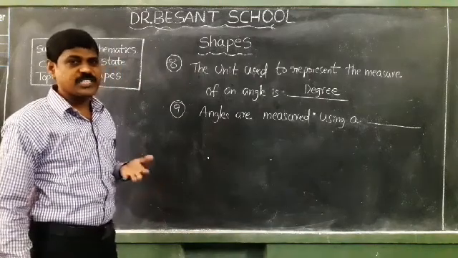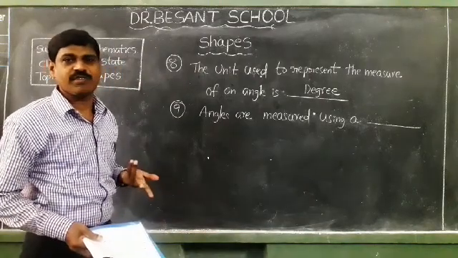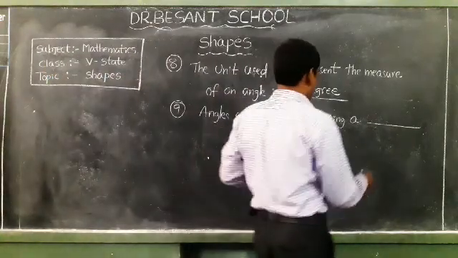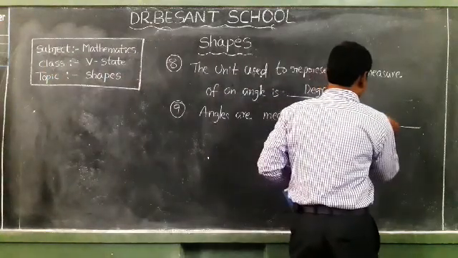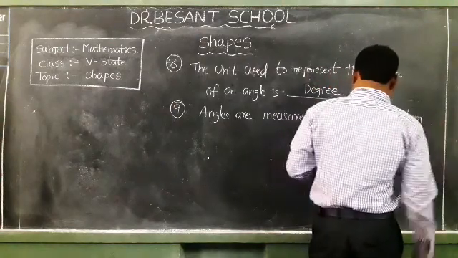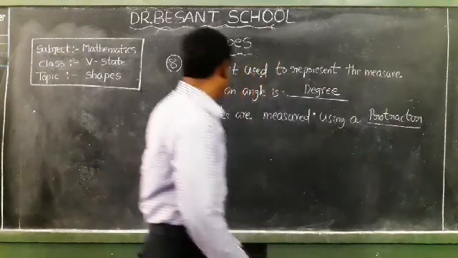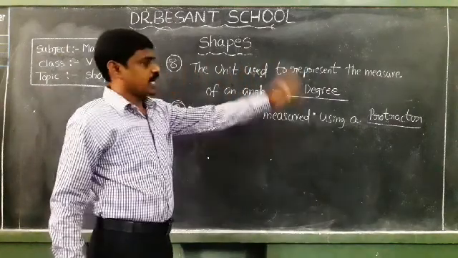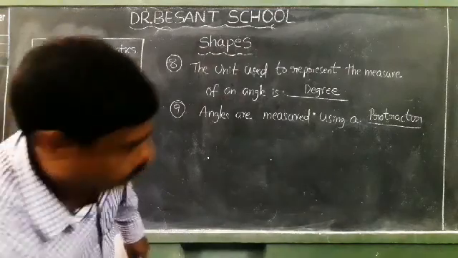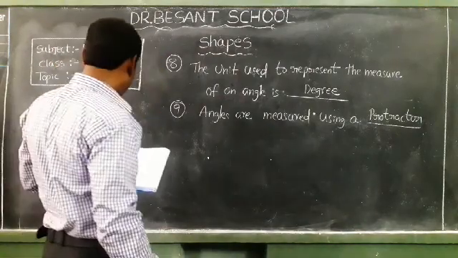Which instrument are we using? So the answer is protractor. The angles are measured using a protractor. Okay. This is the ninth question.